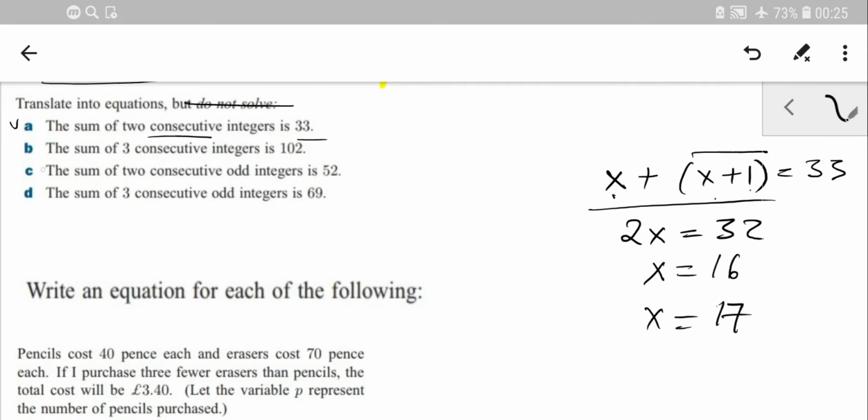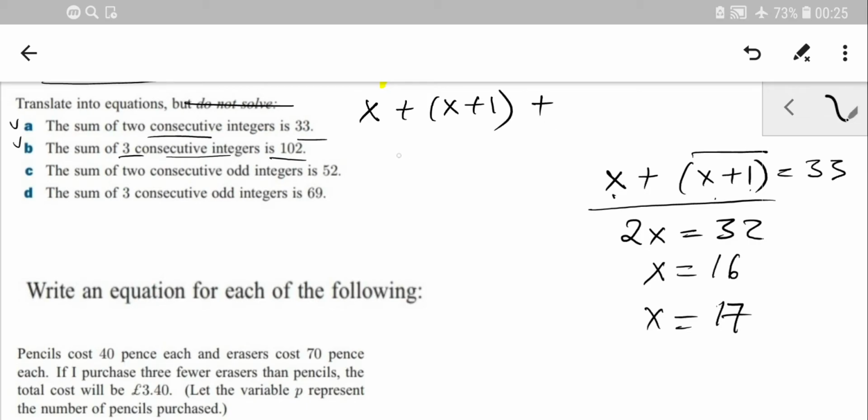So A is completed. So B, the sum of three consecutive integers is 102. Of course, in this case, you can divide by 3 and play with what it is. But let's do it simply algebraically. So if the first is x, the second one will be just one more.